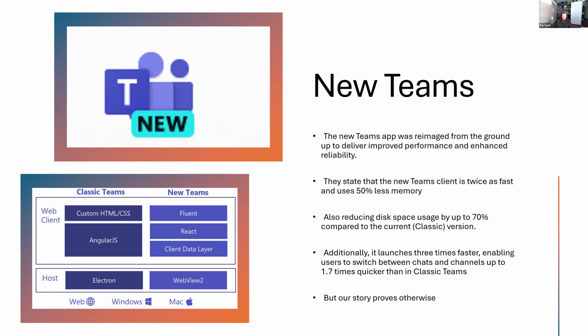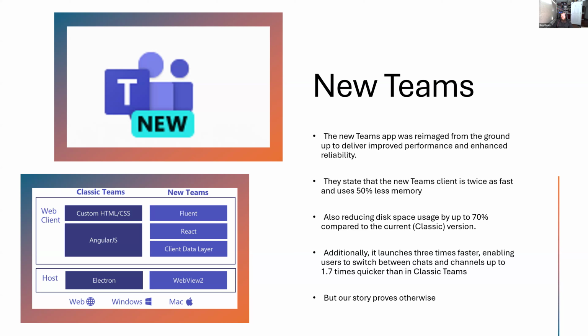So it was December of 2023 when they first announced the new Teams. Teams was rebranded from an Electron application to a WebView 2 application with a footprint that ideally was stated to reduce memory by 50%, with CPU reduction and faster startups and launches.